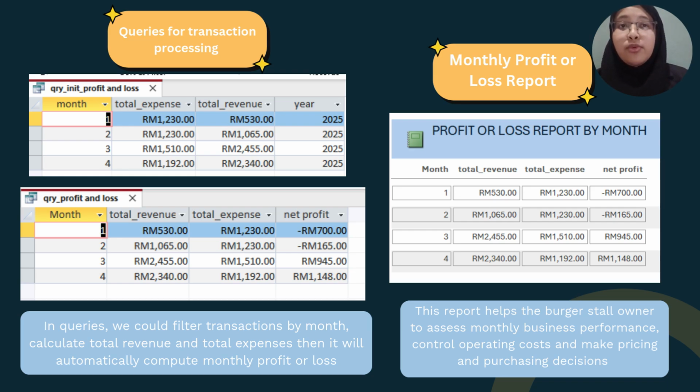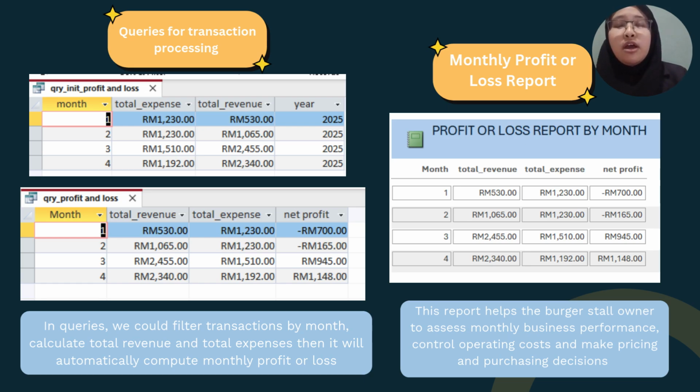In February, we got negative 165. In March, we got 945, and then in April, we got 1,148. So using the queries, we filter the transactions by month, calculate their total revenue and total expenses, and then it will automatically calculate their monthly profit and loss.